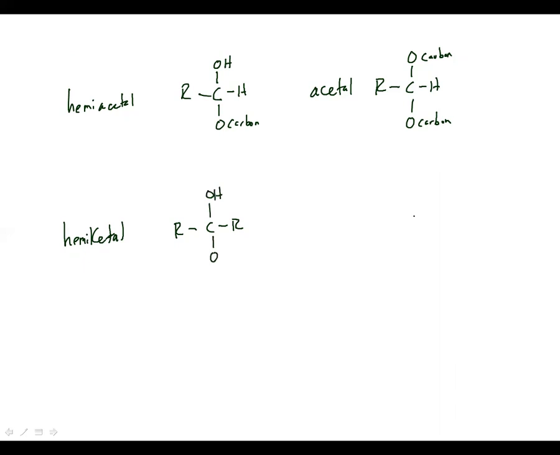And if you went all the way to the ketal, you would have 2 oxygen carbon groups. Again, no hydrogen on any of these guys on the bottom, just those oxygen carbon groups. Remember, an R is just a group of some carbon containing group, like carbons and hydrogens type groups attached.